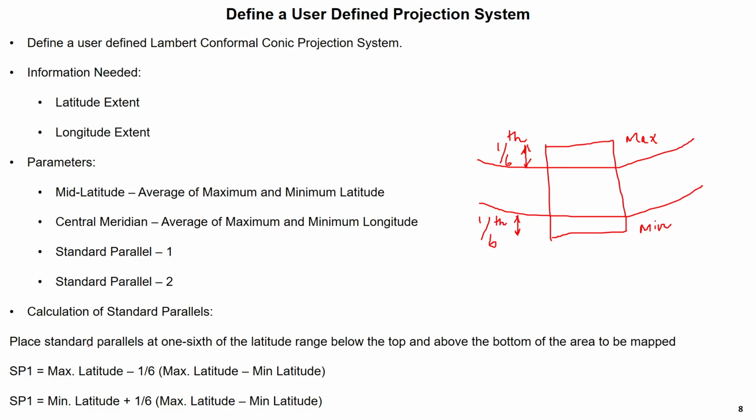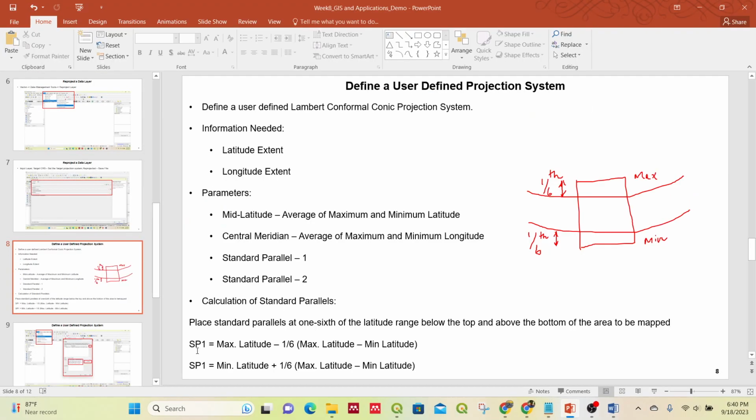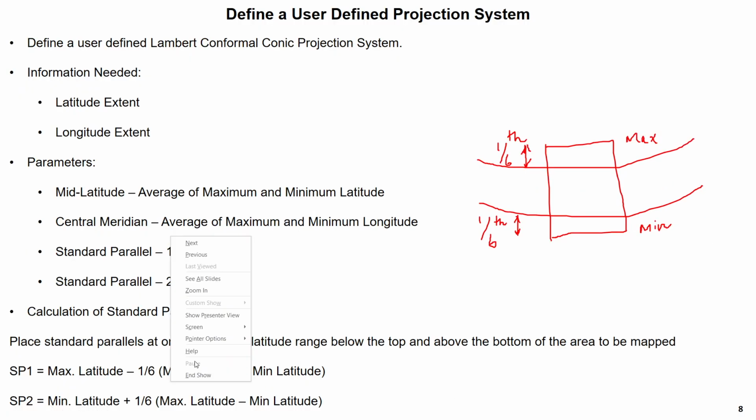Which means your standard parallel 1 is maximum latitude minus 1/6 times of maximum latitude minus minimum latitude. And this is standard parallel 2: minimum latitude plus 1/6 of maximum latitude minus minimum latitude. So this is how we have to place.